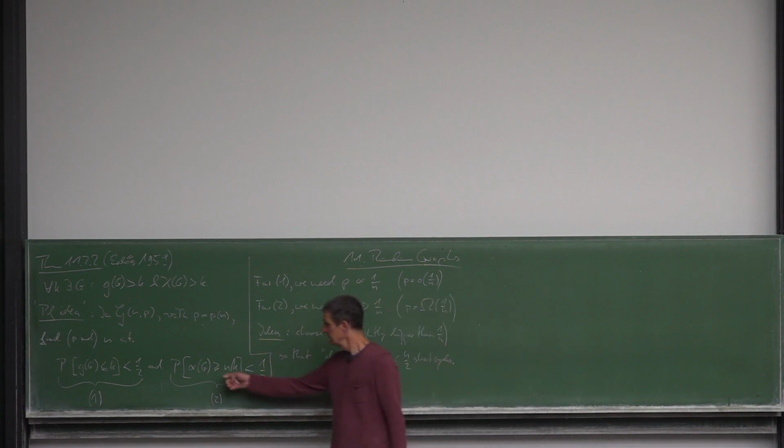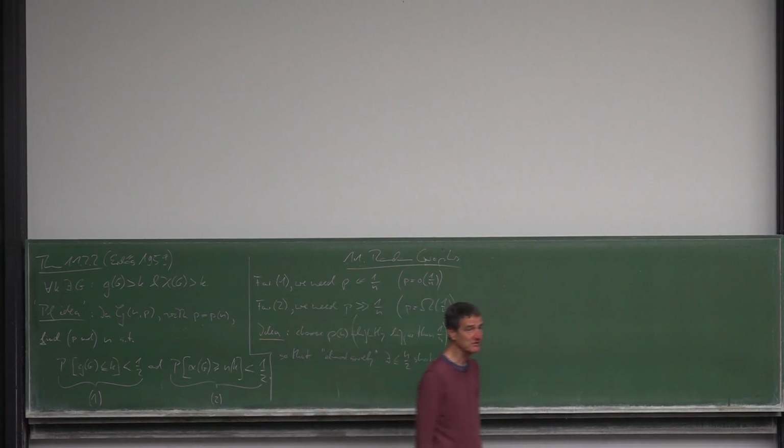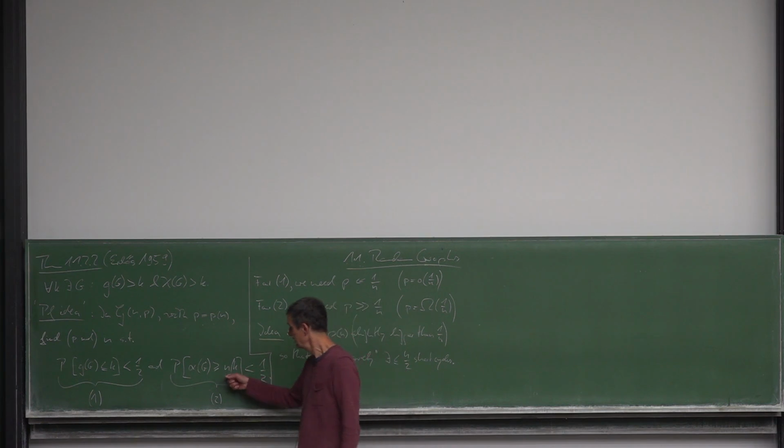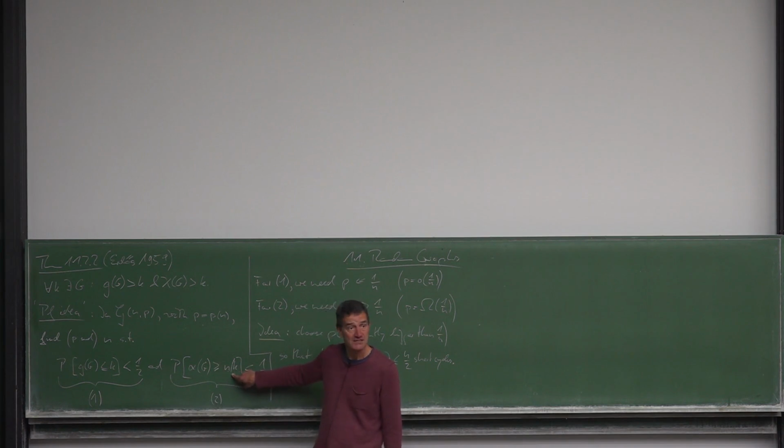So that is not going to go up by killing vertices. We are not going to have large independent sets if we have fewer vertices. Larger. So that will still be true, except we want large in terms of number of vertices divided by k.